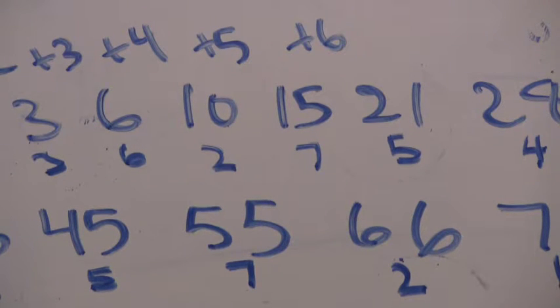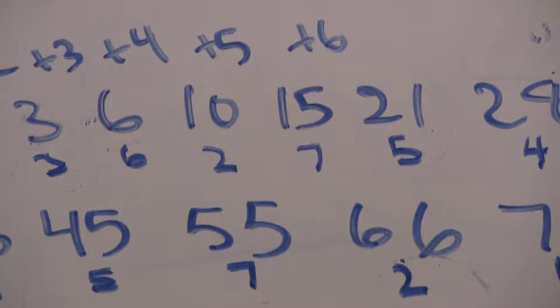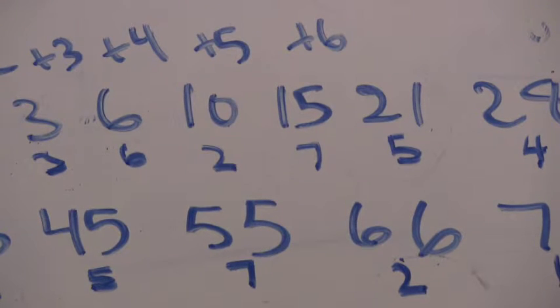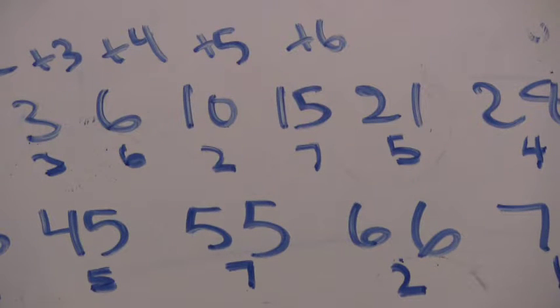And 91 is 1, and then 120 is a multiple of 8. Okay, so from looking at this list, what's the answer?